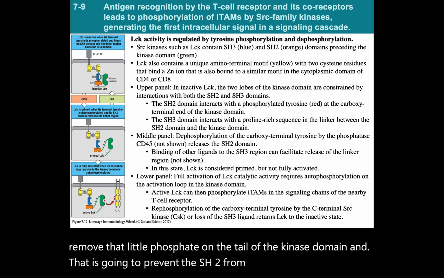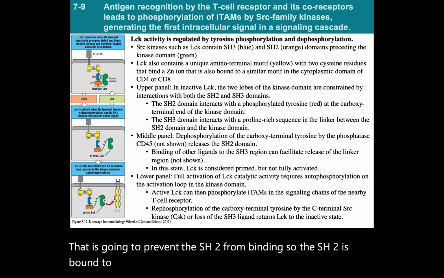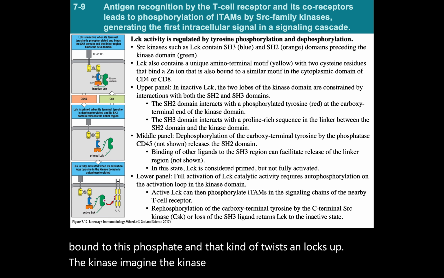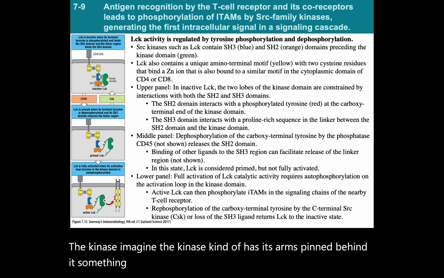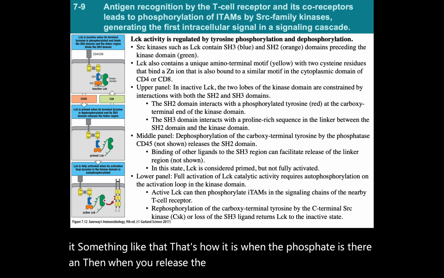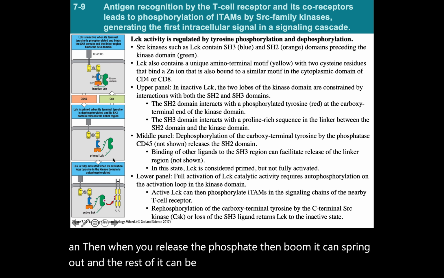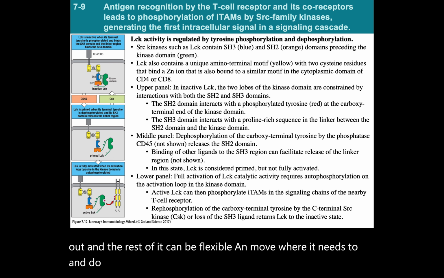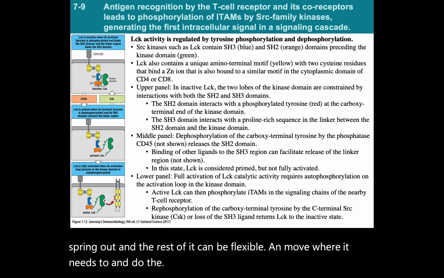So the SH2 is bound to this phosphate, and that kind of twists and locks up the kinase. Imagine the kinase kind of has its arms pinned behind it, something like that. That's how it is when the phosphate is there, and then when you release the phosphate, then boom, it can spring out, and the rest of it can be flexible and move where it needs to and do the kinase activity that it needs to do.